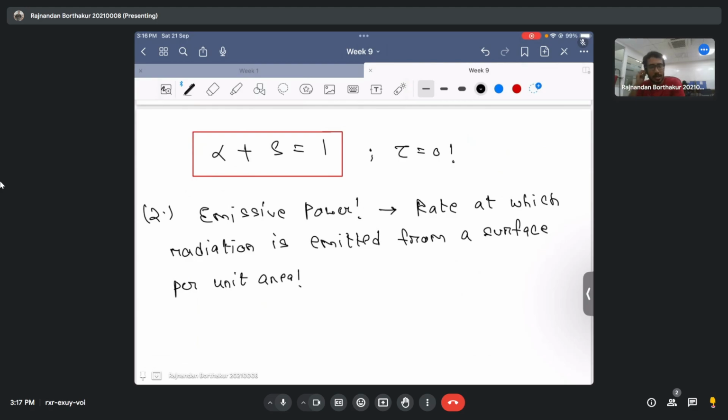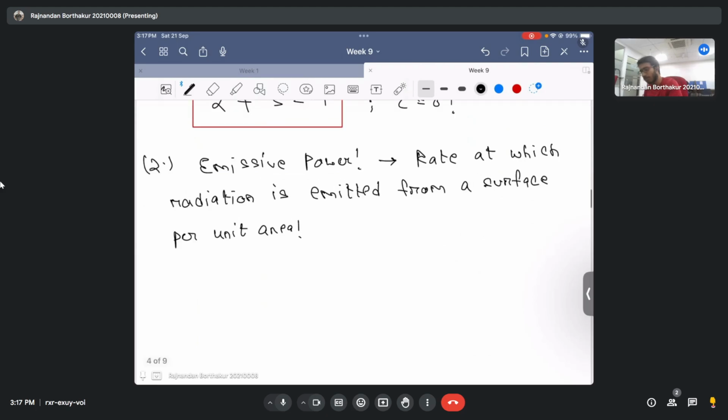Try to realize that this emissive power has nothing to do with the reflected irradiation from the surface. It is just that on account of its own temperature, the body, or in principle the surface, emits radiation, and that emitted energy is known as emissive power.